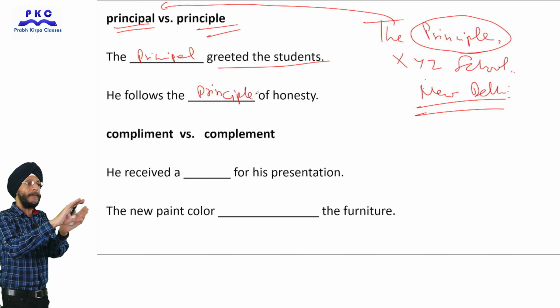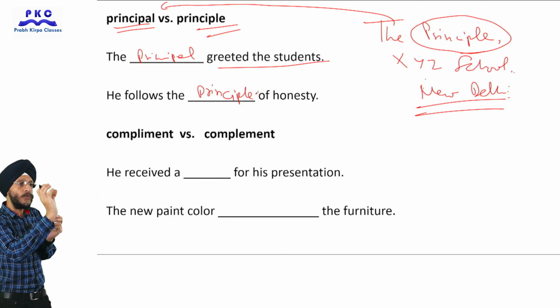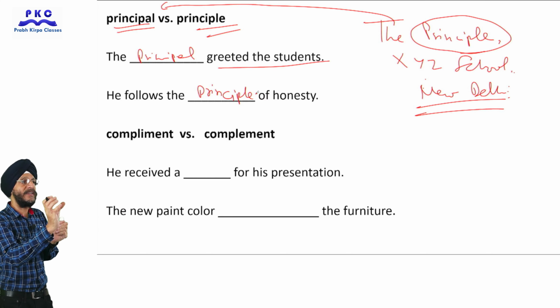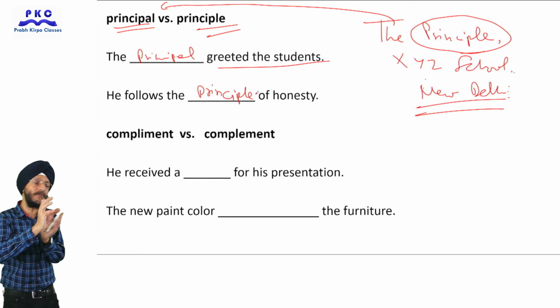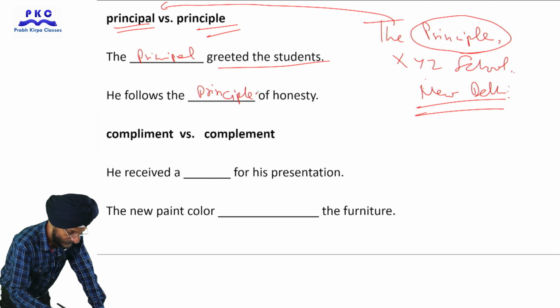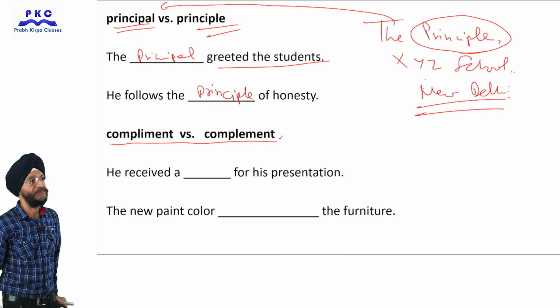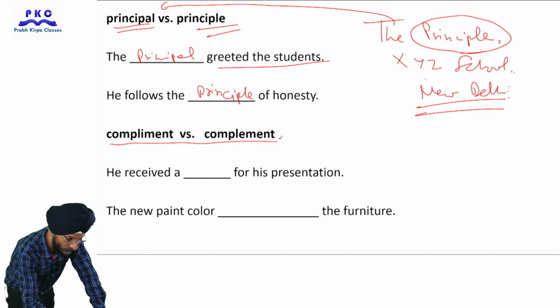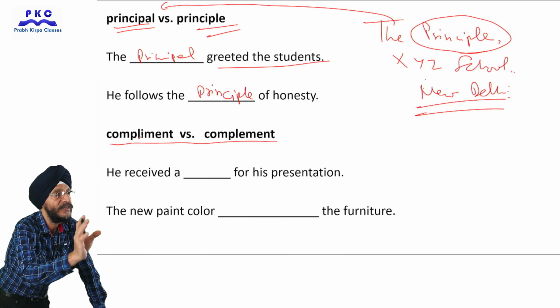So from the example of principal and principle, you can well understand that choosing the correct word can build our image, just as choosing the wrong word can tarnish our image, adversely affect our image. Then the word is complement. There are two words, one is compliment which has I in it and the other, complement, has E in it.